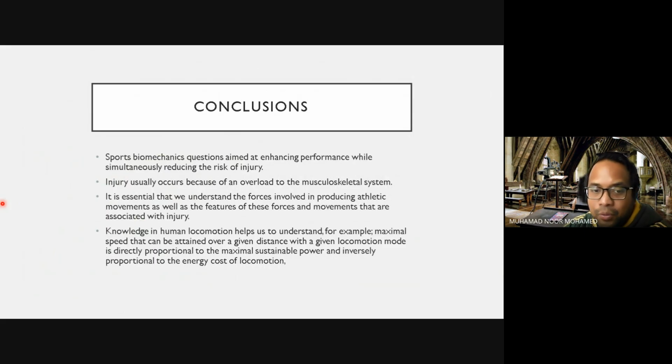Okay, and knowledge in human locomotion, knowledge in the human musculoskeletal system will actually help us to understand how far we can go, how fast we can go, how much stress our body can take before getting injured. If we can play around that kind of level, we can have quite a powerful output and at the same moment less and less injury.